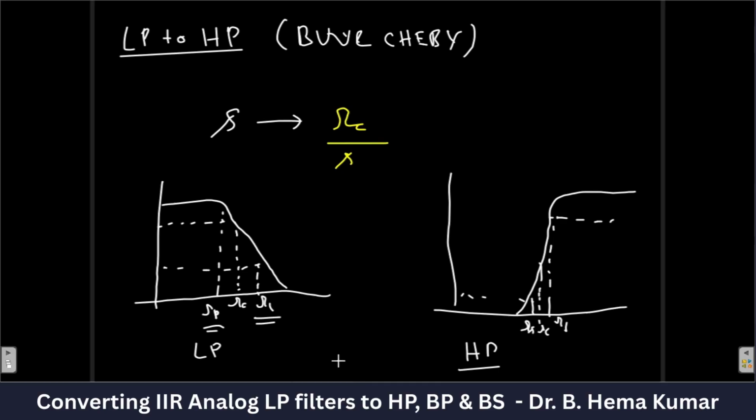Omega p and omega s will change here, so the formula is also reversed. After getting the low pass filter transfer function by either Butterworth or Chebyshev, in the transfer function you have to replace omega c by s, and then it is converted into a high pass filter.